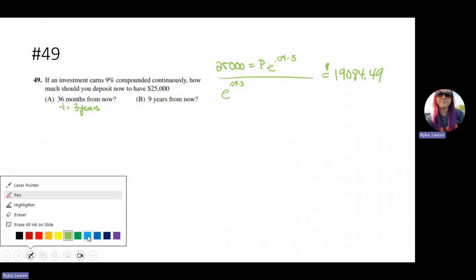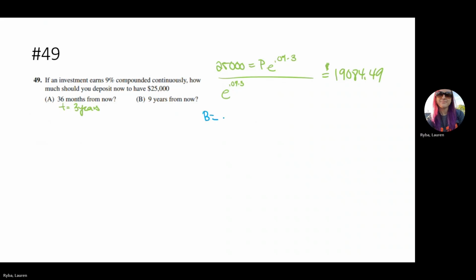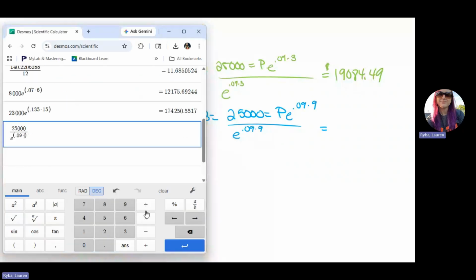For B, I now have 9 years. So I'm changing the t, so e to the 0.09 times 9. So all I'm going to do then is divide by e to the 0.09 times 9 power. So I can go back here and just change this to a 9.